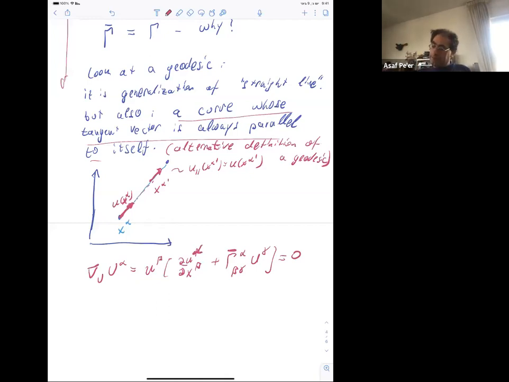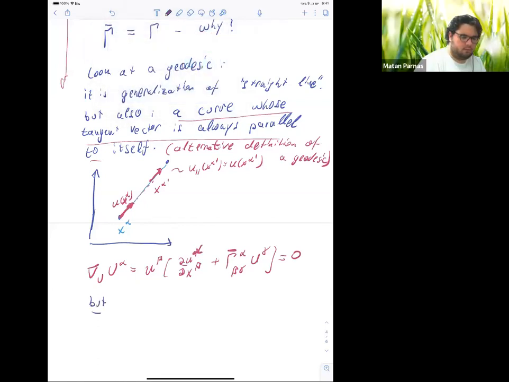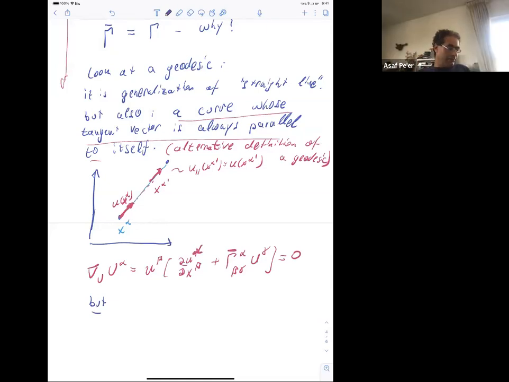But where did the u beta come from? Oh, it's just the derivative with respect to the direction of u. I can write it down as du over dx beta times dx beta over d tau or something. So u beta is just dx beta over d tau.